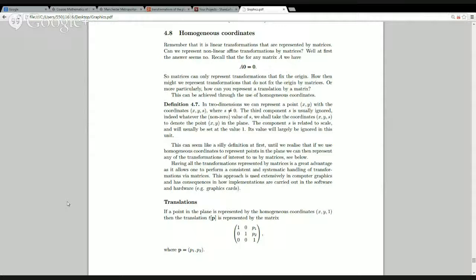Here's the matrix. If we multiply that by the column vector x, y, 1, the fact of having the 1 here and the 2 components of the translation vector here, when you multiply that out, you get the vector x plus p1, y plus p2, 1. So you get exactly the vector x, y, 1 translated by the vector p1, p2.